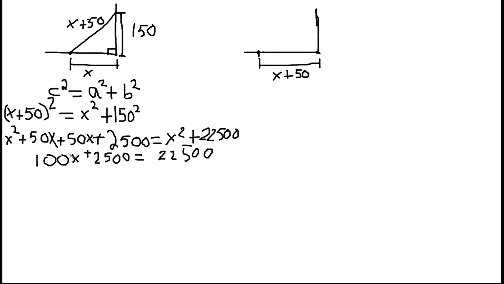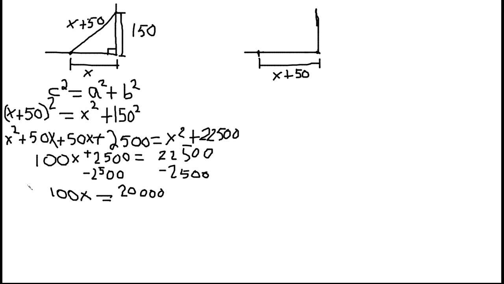So if we subtract 2,500 from each side of the equation, we will obtain 100x is equal to 20,000.